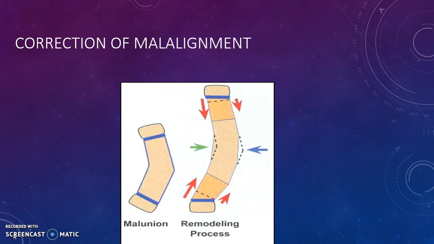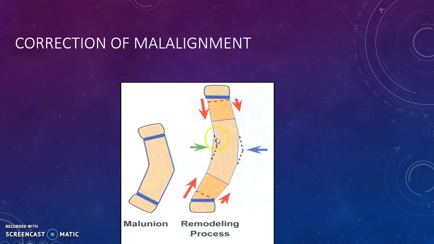So how does remodeling correct the malalignment? If a fracture is united at an angle, then comes the role of remodeling. This is the diaphyseal shaft, this is the epiphysis, and this is the epiphyseal growth plate. What happens in the process of remodeling?